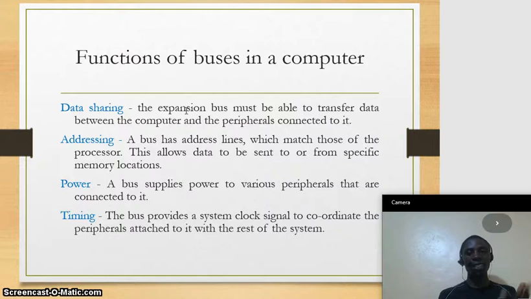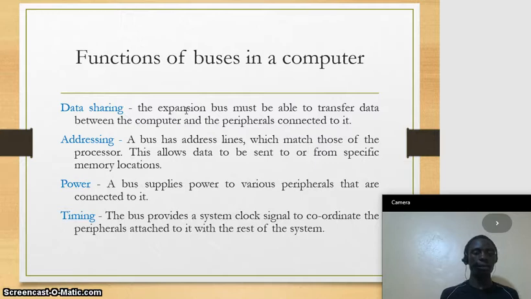Okay, it provides that system clock signal to coordinate the peripherals attached to the computer to the rest of the computer system.